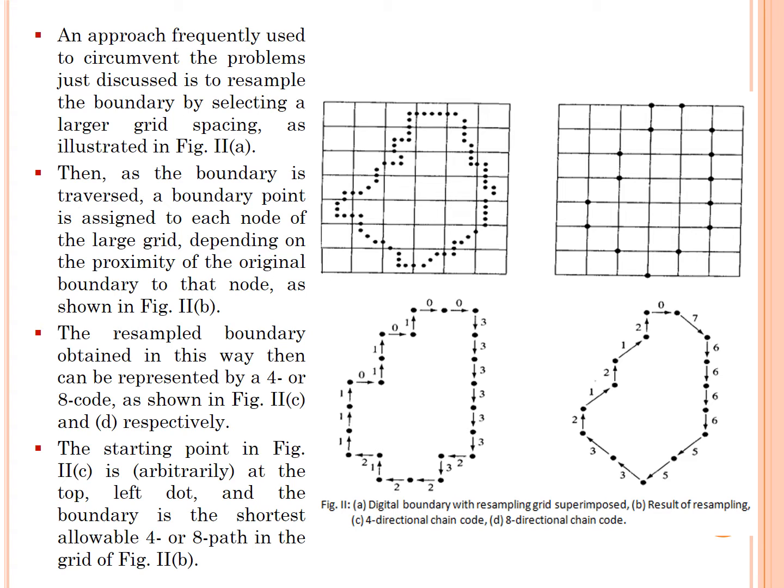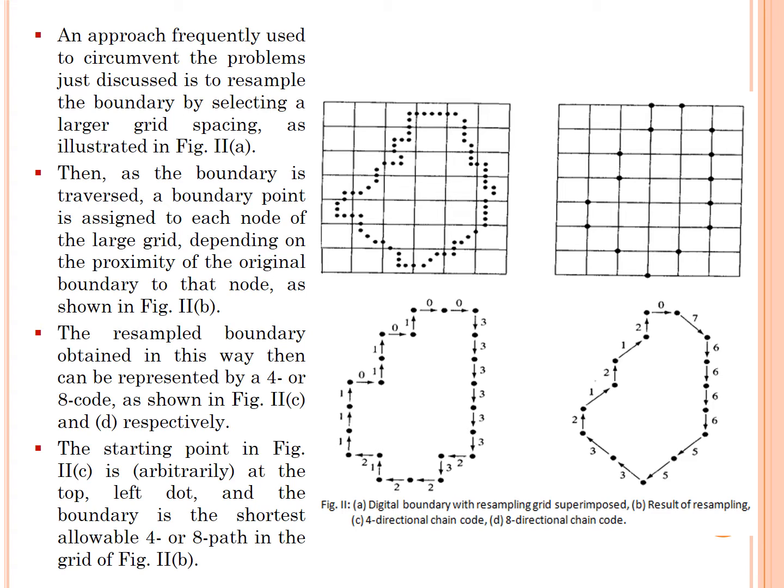Then, as the boundary is traversed, a boundary point is assigned to each node of the large grid, depending on the proximity of the original boundary to that node as shown in figure 2b. The resampled boundary obtained in this way then can be represented by a 4 or 8 code as shown in figure 2c and d respectively.